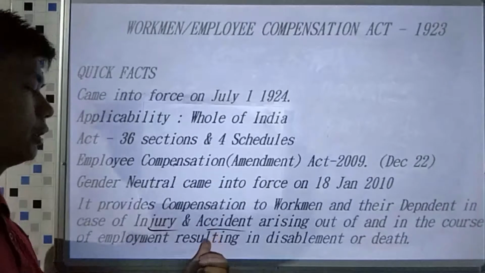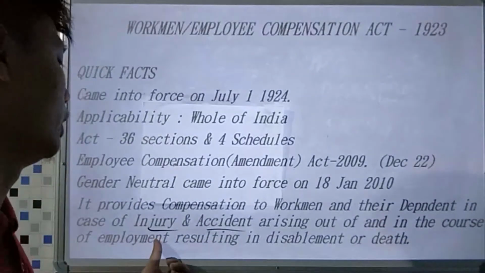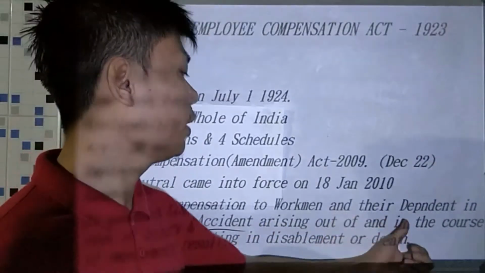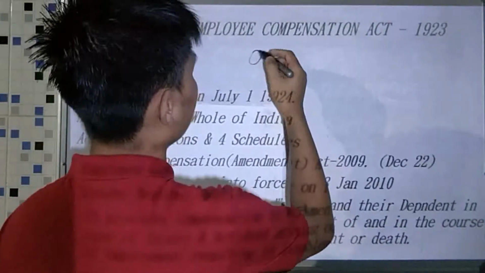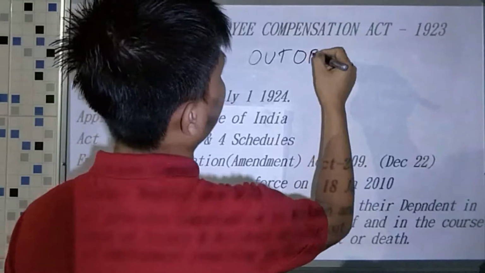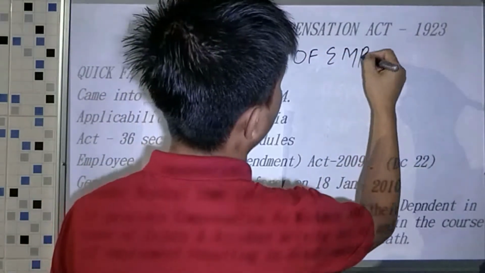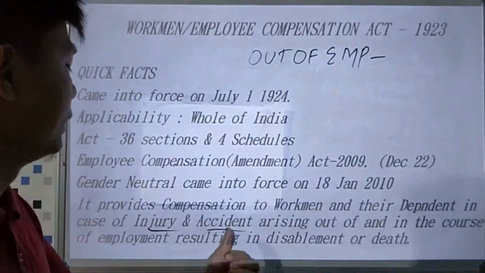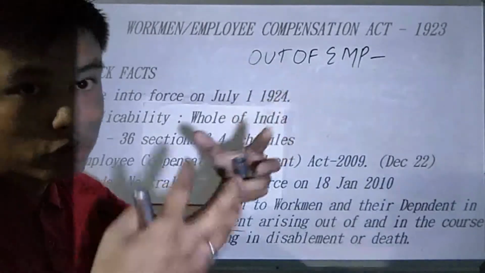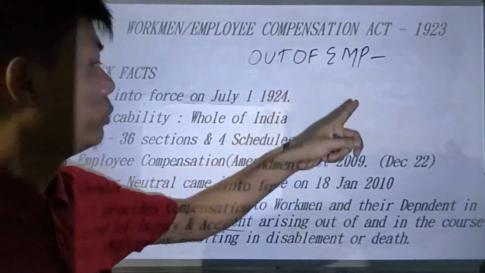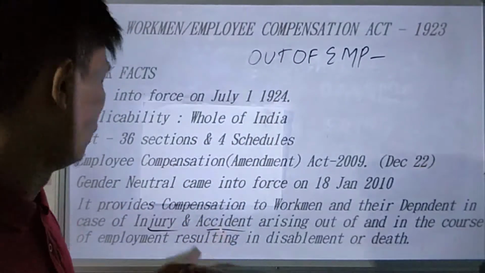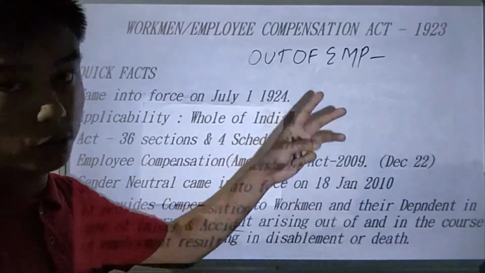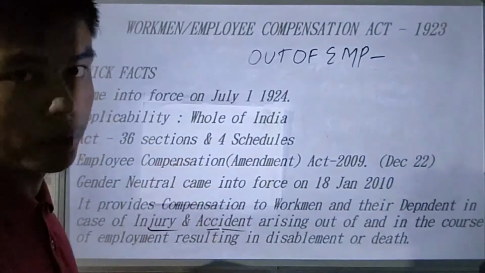This accident should cause an injury arising out of and in the course of employment. That means there should be some relationship between employment and the accident. Or else there should be an injury. Of course, without injury, you won't be getting any compensation.